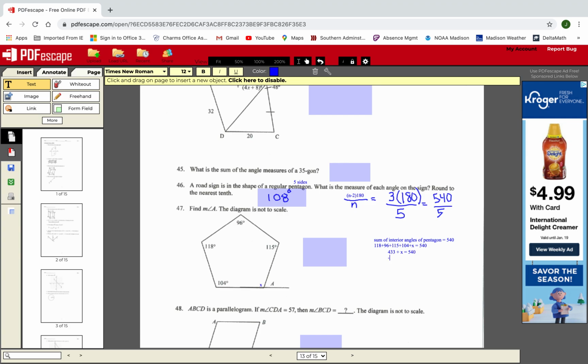Subtracting 433 from both sides, we get that x is 107. Okay, that is not my answer. 107 is supplementary to what I'm looking for. So I can say 107 plus angle A, which is what we're looking for, equals 180. So subtracting 107 from 180 gives us what we're looking for. Oops, which means that angle A equals 73.